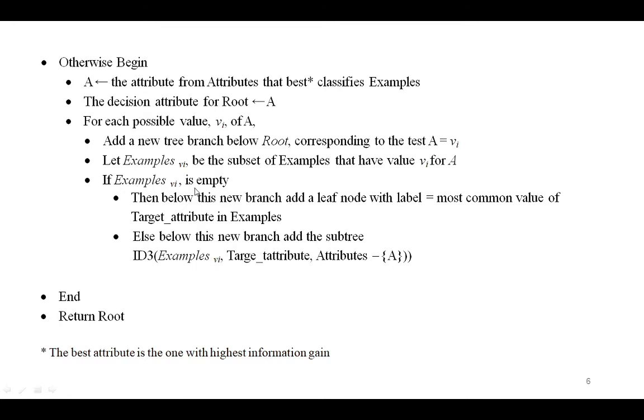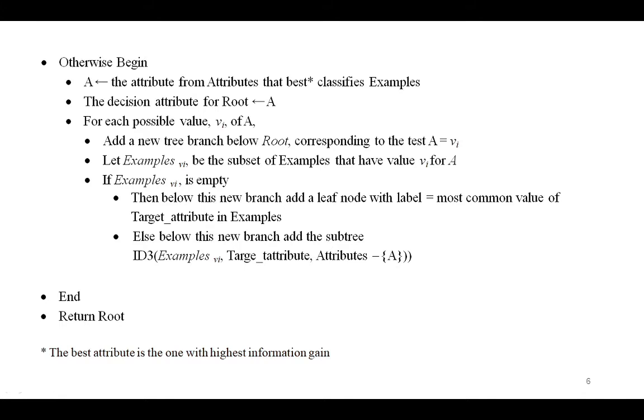If examples vi is empty, then below this new branch add a leaf node with the label equal to the most common value of the target attribute in the examples. Or else, below this new branch it will add a subtree: it will call ID3 on examples vi, target attribute, and attributes minus A. Then it will end and return the root node.